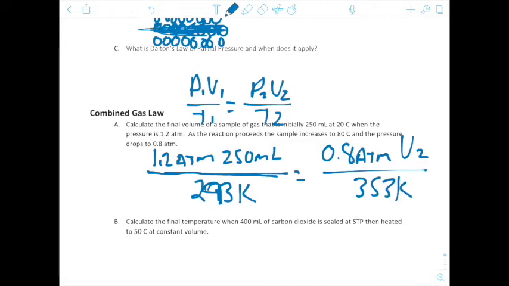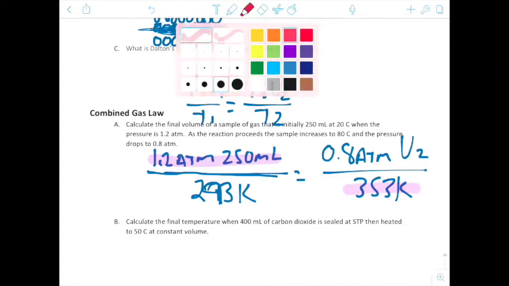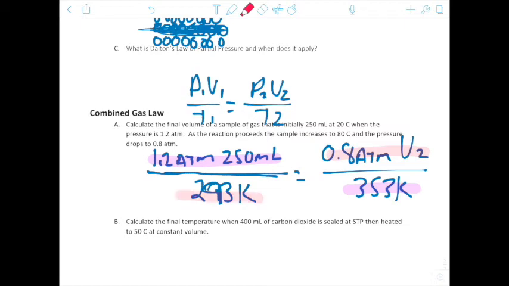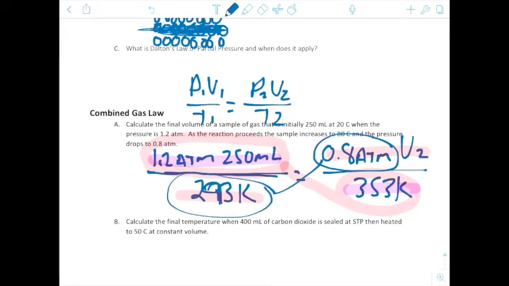and then our T2, which is 353 Kelvin. Now what we will do is crisscross, so multiply those together, multiply those together. And then we will divide this answer that we multiplied in purple by our 1.2 times 293.